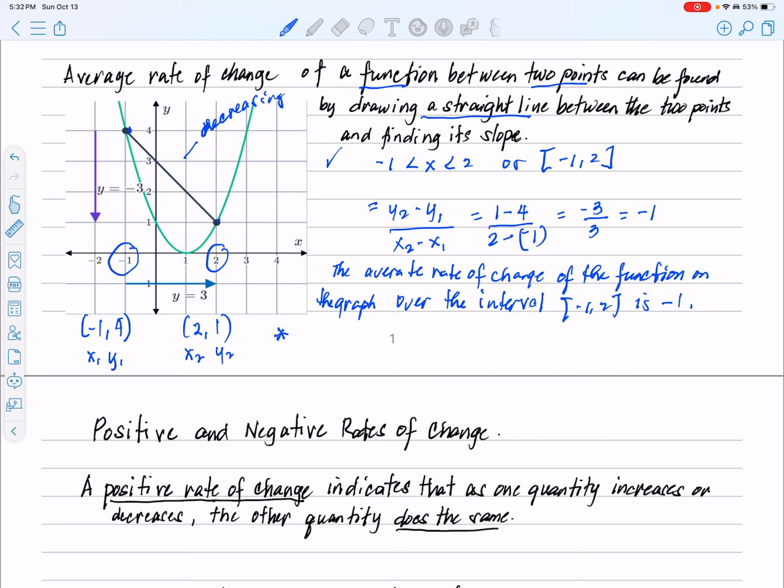Okay, I put an asterisk here, meaning that on average, the y variable, so what are our y variables there? We have 1 and 4. It changes.